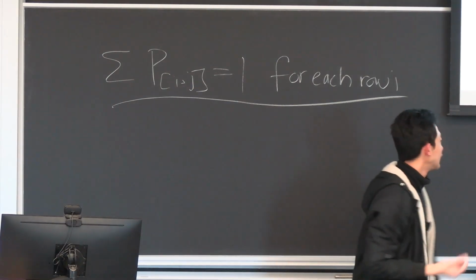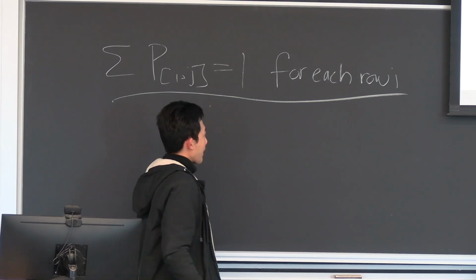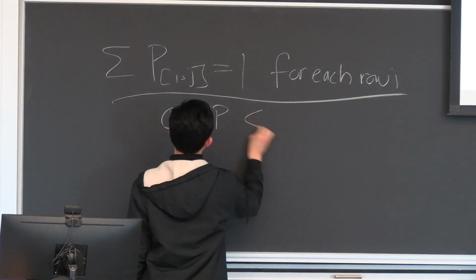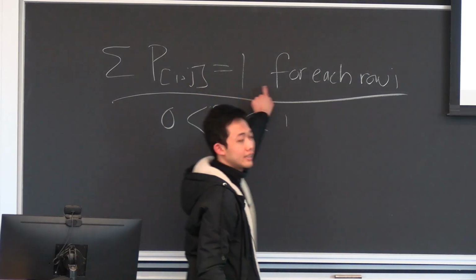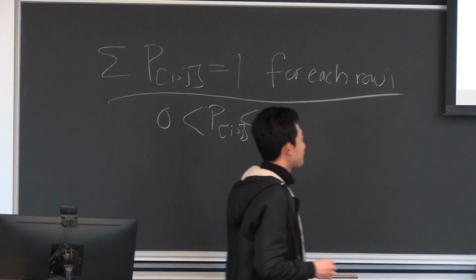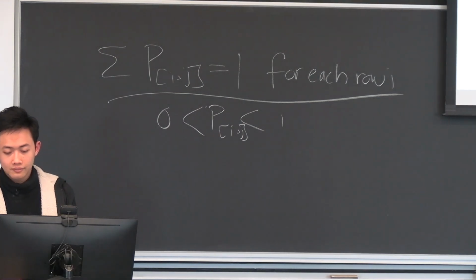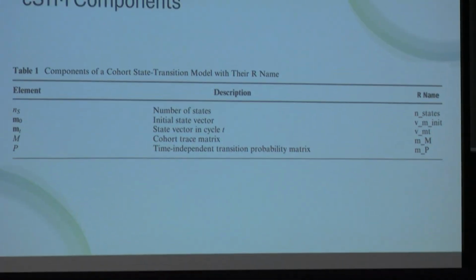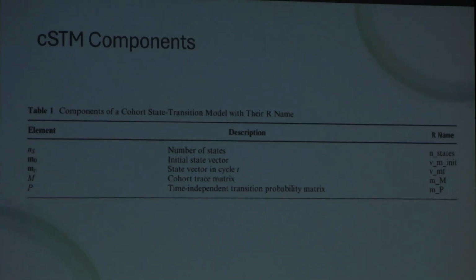So we will use the row sum function in R to check this. And of course the probability is between 0 and 1. So we need to check this for every cycle to make sure that what we have done is correct. And these are the components, how we define those in R. I will explain the naming convention in the next slide.